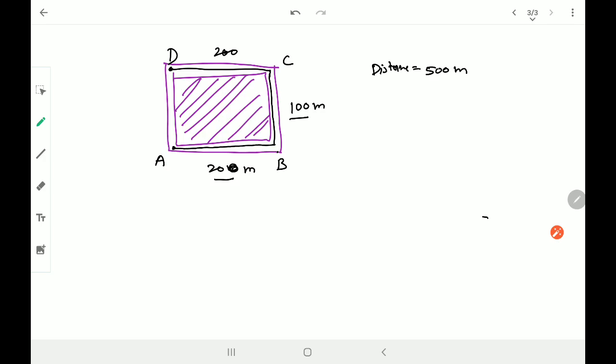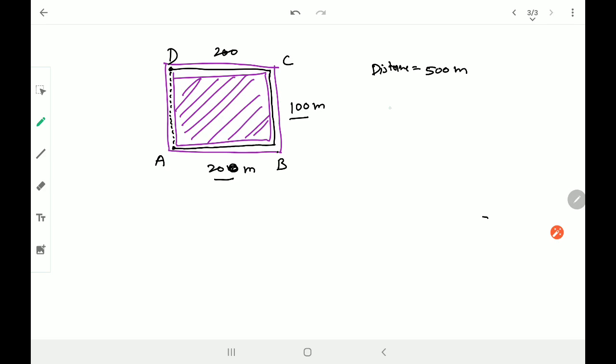How about displacement? Displacement is the direct distance from the final position to the initial position. So the displacement is nothing but equal to 100 meter. Direct displacement, okay.